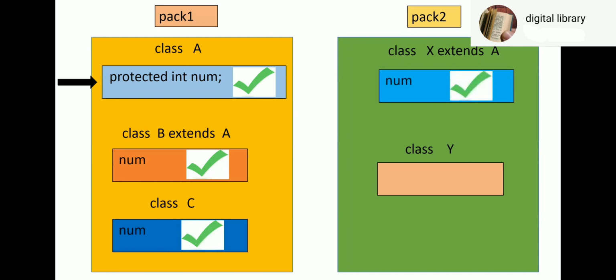Because X is a child of A. And class Y may not. So that is the difference between protected member and default member. A protected member can be accessed outside the package provided it is a child class, but a default member cannot be accessed.